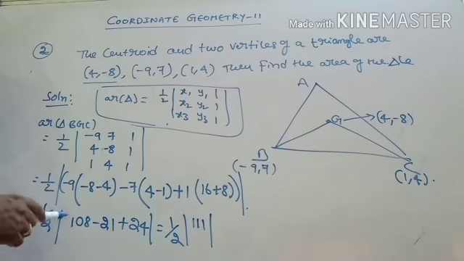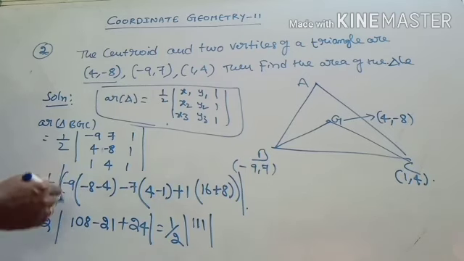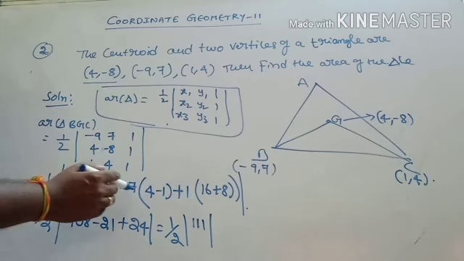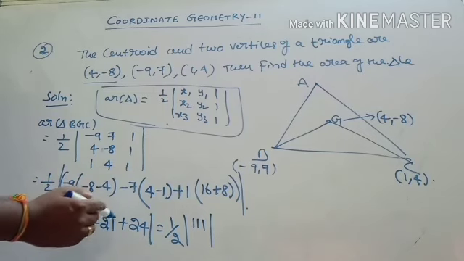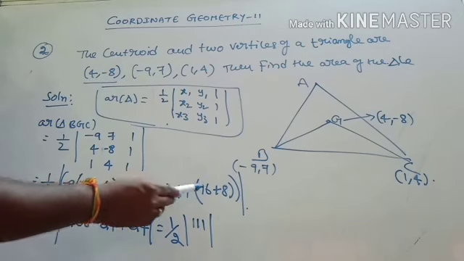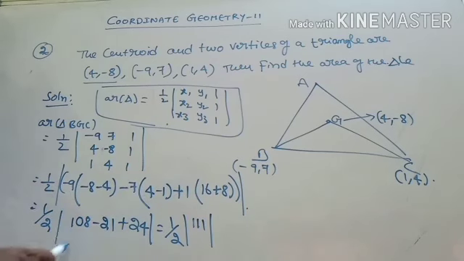Let us calculate: -8 minus 4 is -12, into -9 is 108; 4 minus 1 is 3, into 7 is -21; 16 plus 8 is 24. This is half into 108 minus 21 plus 24, that is 108 plus 3, 111. So the area of triangle BGC is 111 by 2.